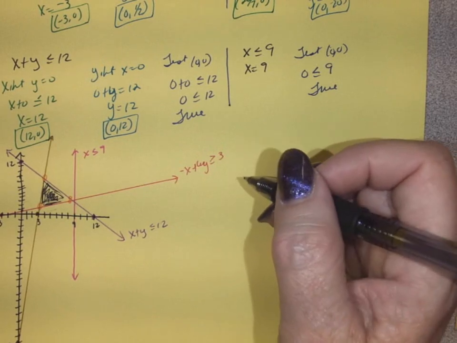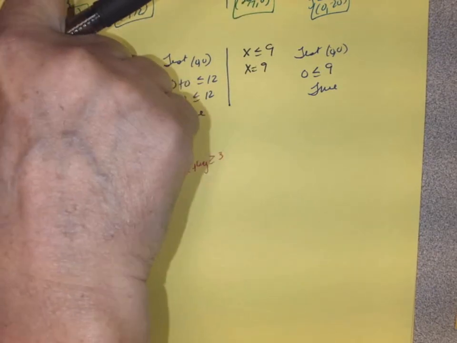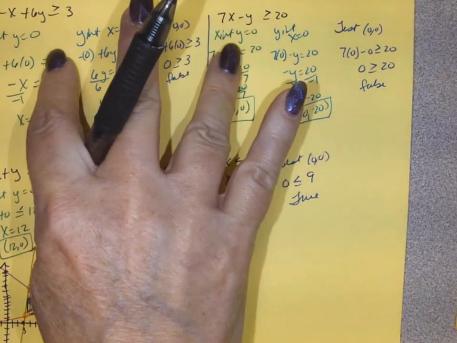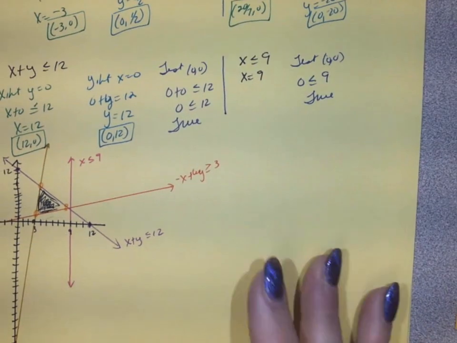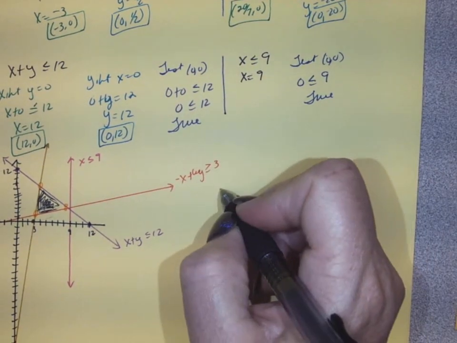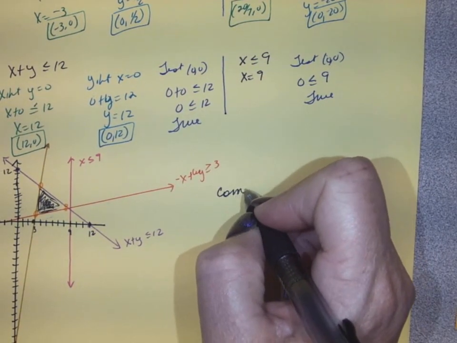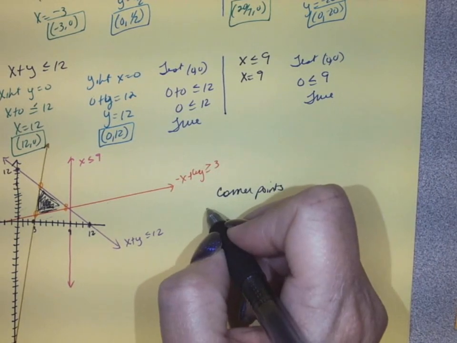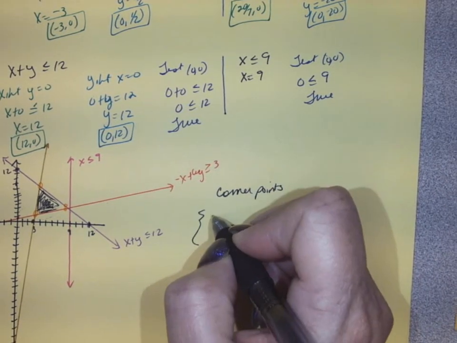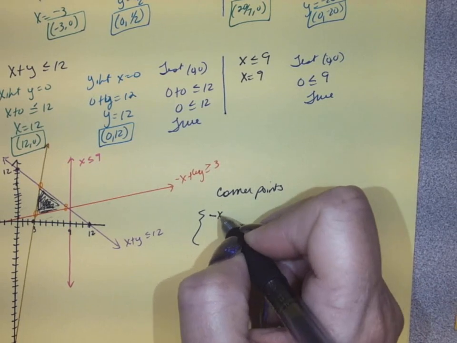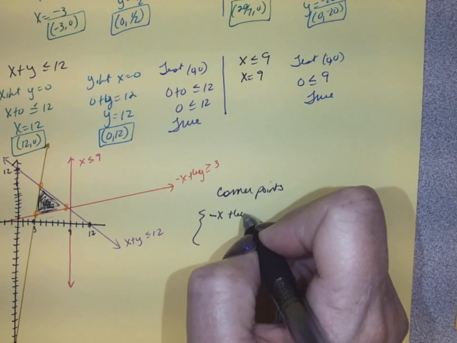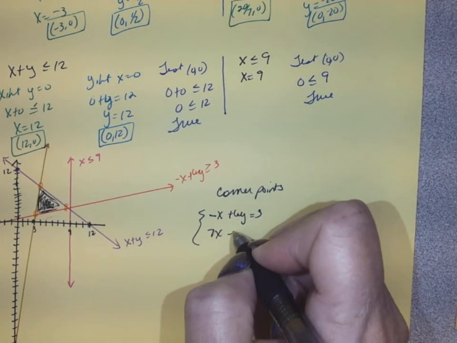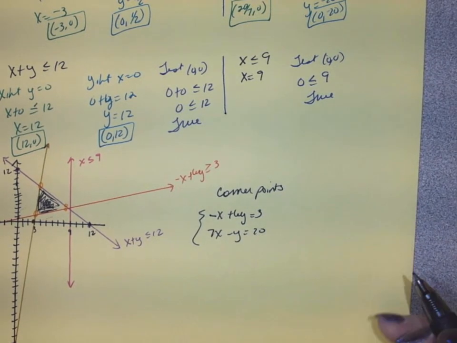All right, so let's do our first corner point. Let us do the negative x plus 6y and the 7x minus y. So we're going to take these two equations and we're going to set up a system. So this will get us negative x plus 6y equal to 3, and 7x minus y equals 20.